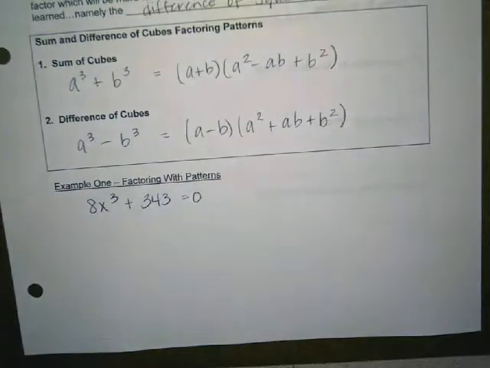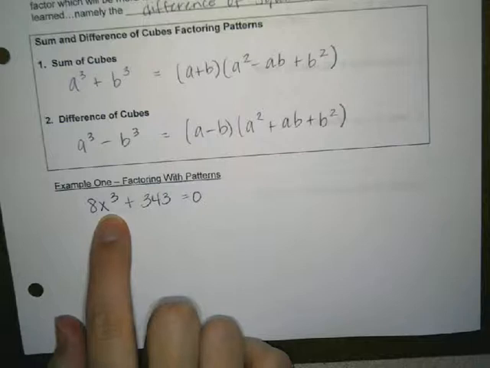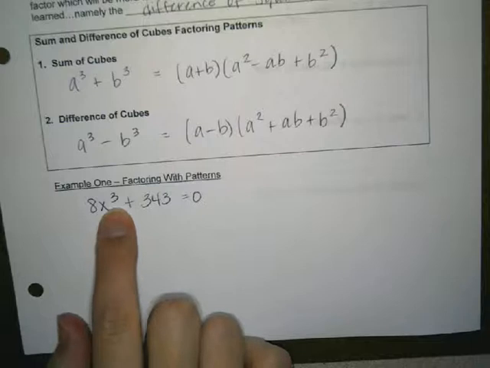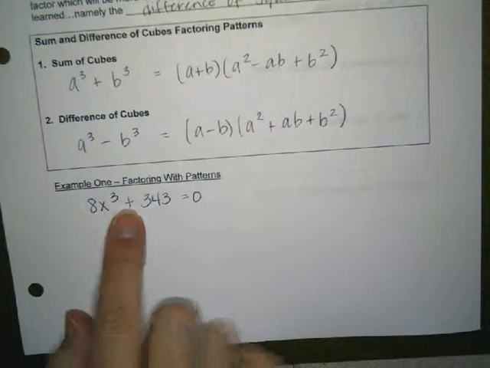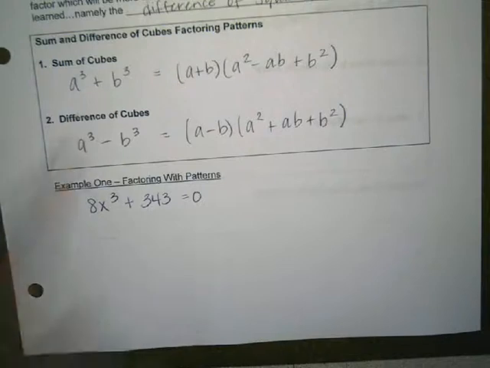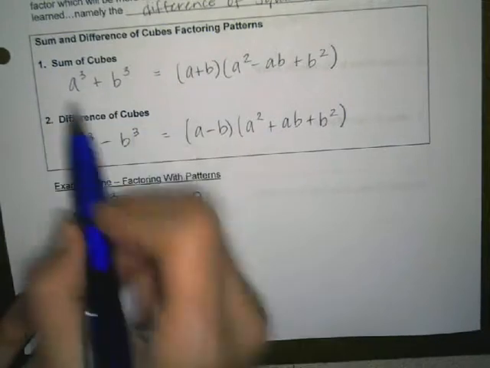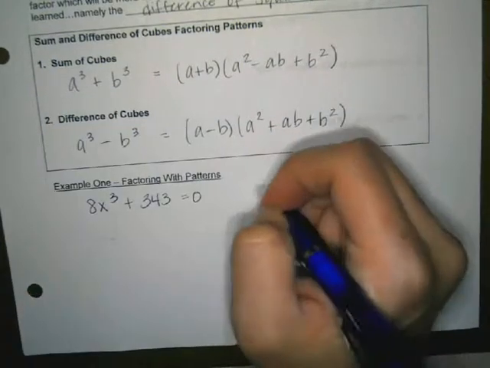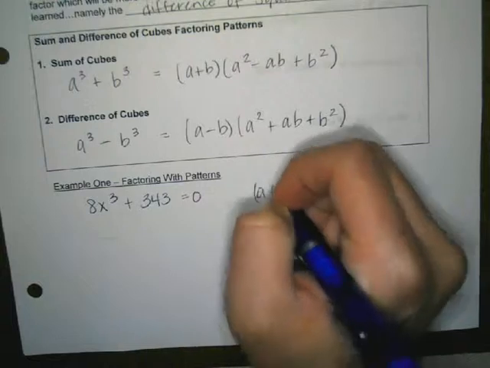Okay, so if I tell you to factor and solve this, then you're first going to have to recognize, hey, I have a cubic because I have x cubed in my problem. That's my highest exponent. I have 2 terms and I'm adding. So it's probably going to fit this sum of cubes pattern. Before I figure out what A and B are, you do have to have these patterns memorized.